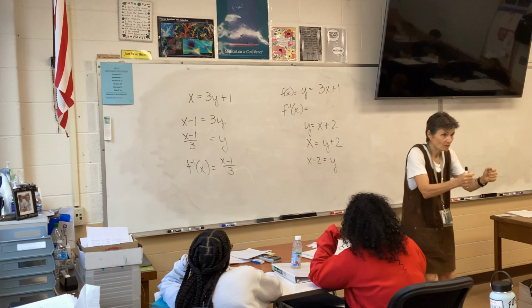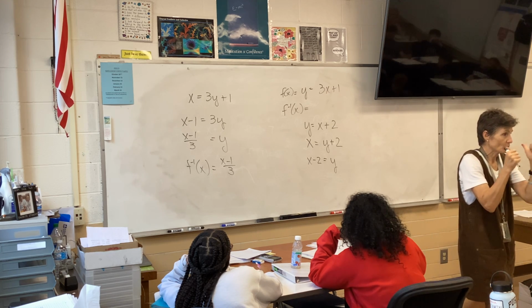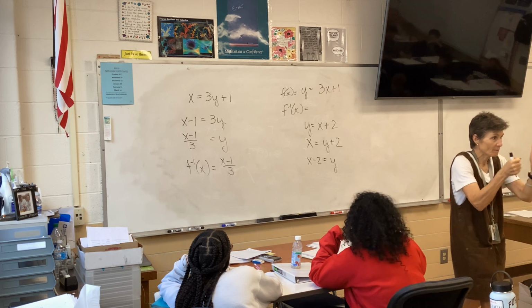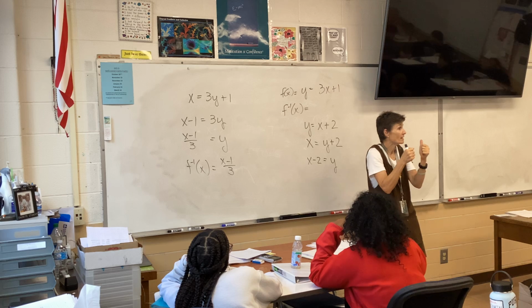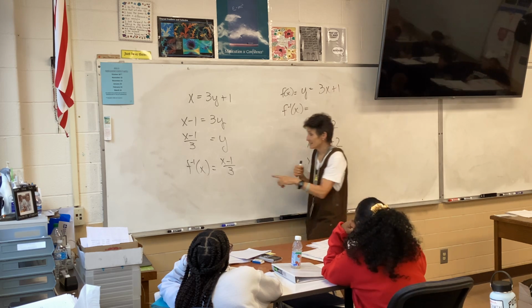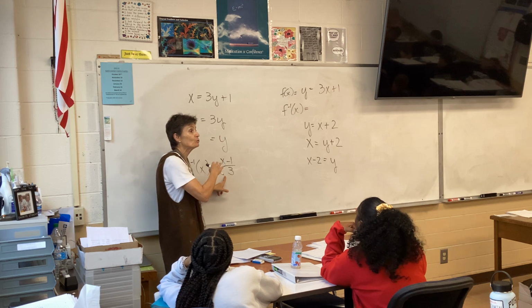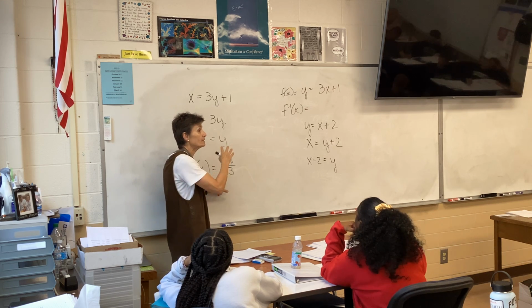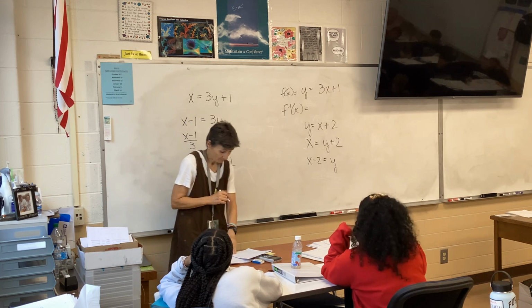You multiplied by 3 and you added 1. Now, put me in reverse. What has to happen? If you put me in reverse, we have to subtract 1 and then divide by 3. And isn't that exactly what the inverse did? They undo each other.